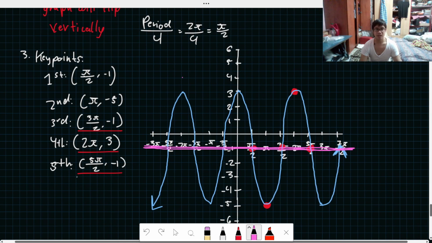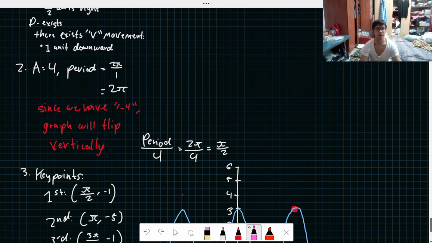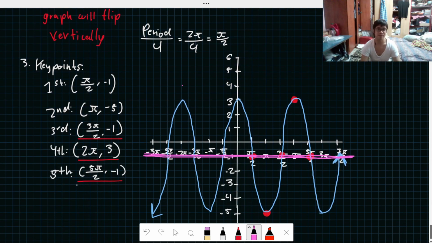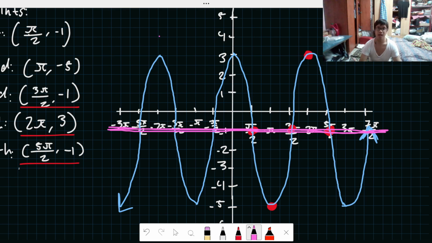Then what's next? Then we have the amplitude. The amplitude here is 4 units. That means the distance between the midline and the maximum point is 4 units, and the distance between the minimum point and the midline is 4 units as well. Let's prove it.